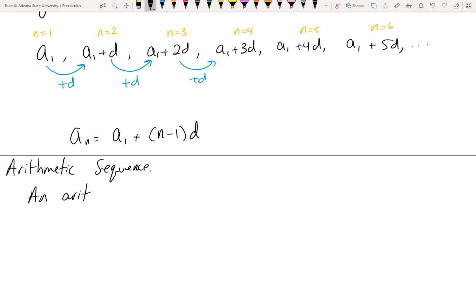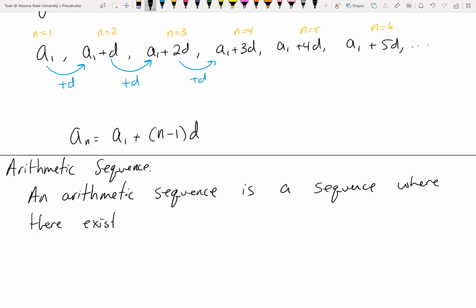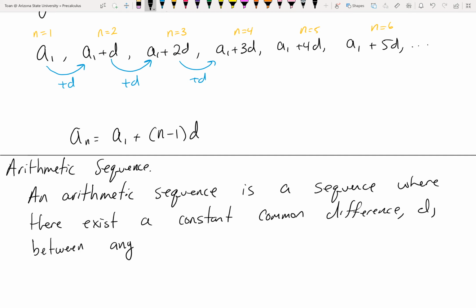An arithmetic sequence is a sequence where there exists a constant common difference, and the letter we use for difference is d, where there exists a constant common difference d between any two consecutive terms.